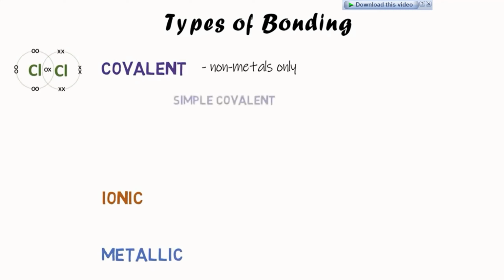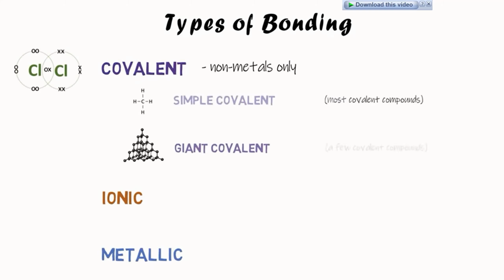There are two types of covalent bonding: simple covalent, which is small molecules like CH4, H2O, CO2 with just a few atoms in them. And this makes up most of the covalent compounds. So almost all covalent compounds are simple covalent. There are then a few exceptions, which are giant covalent compounds. Instead of small molecules, these have thousands of atoms joined together. They're still covalently bonded, but there are just a few of these examples that you need to know that form giant structures.